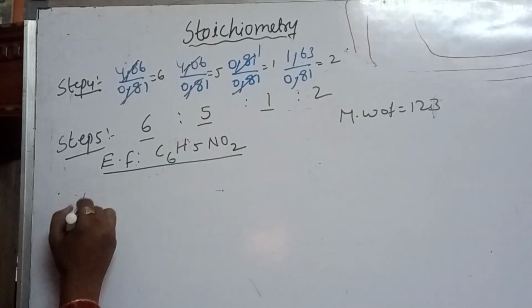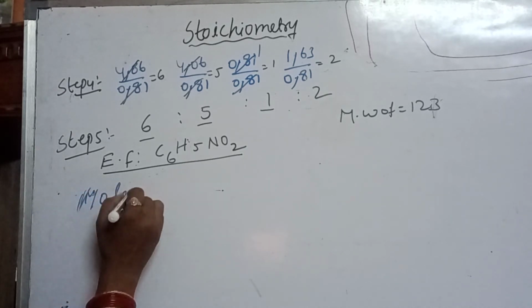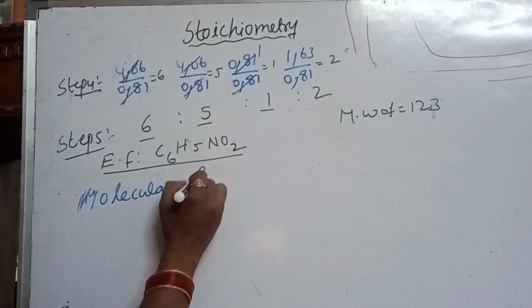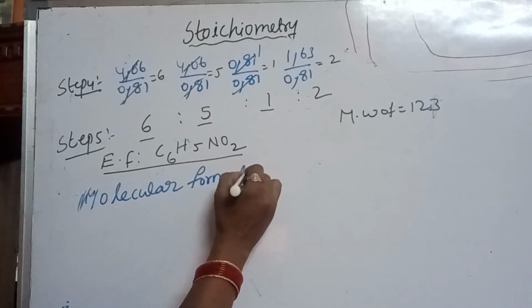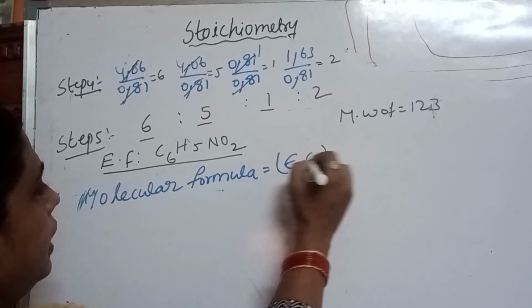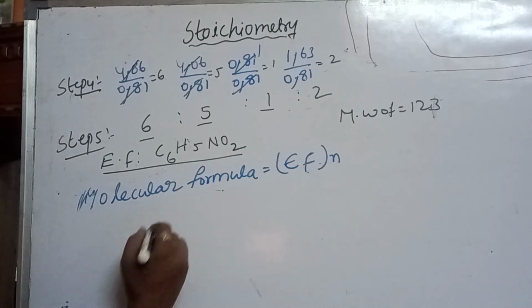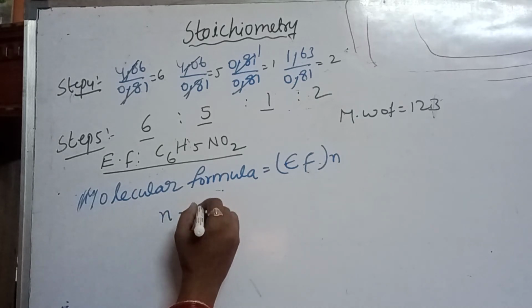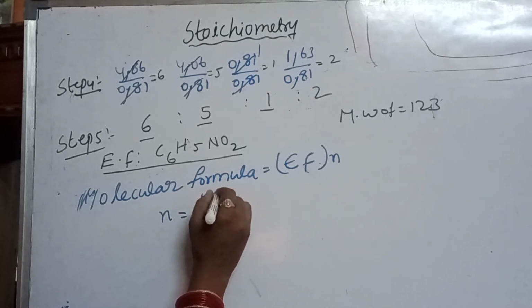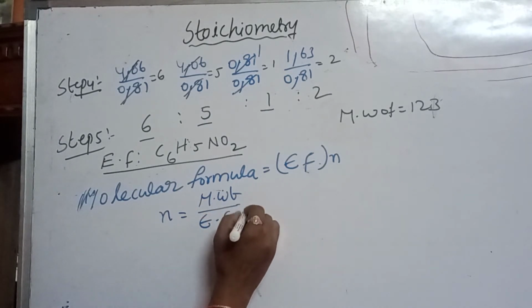The molecular formula is equal to the empirical formula taken n times, where n is the molecular weight of the given compound divided by the empirical formula weight.